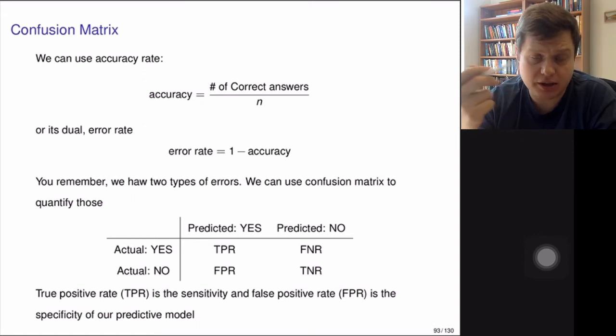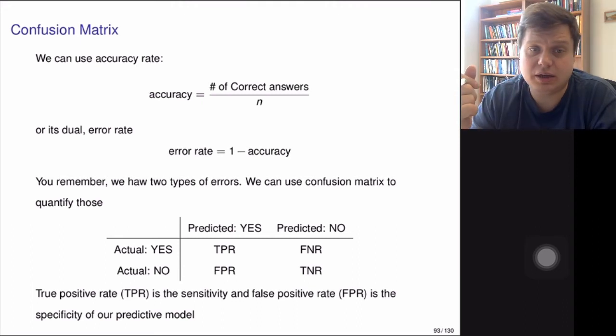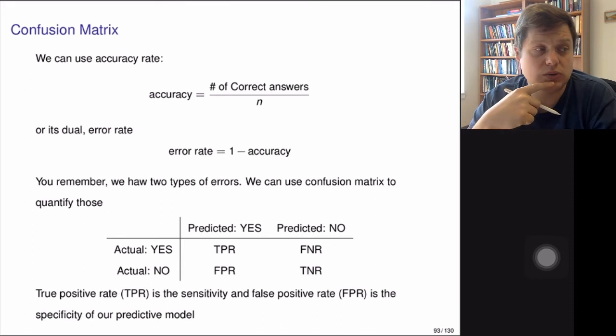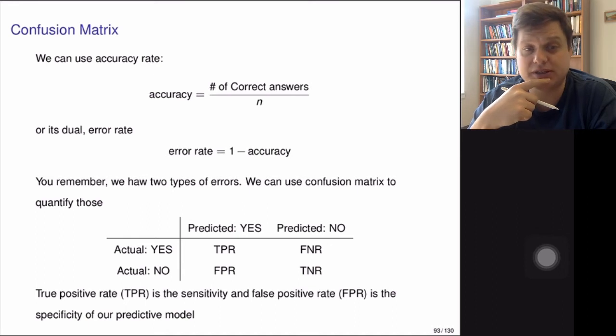So when you look at the accuracy, you don't have any idea whether most of the mistakes were made incorrectly labeling sick people or incorrectly labeling healthy people. And in real life, it's important what type of mistakes you make, because for example, it's much more costly to label a sick person as healthy rather than labeling a healthy person as sick.